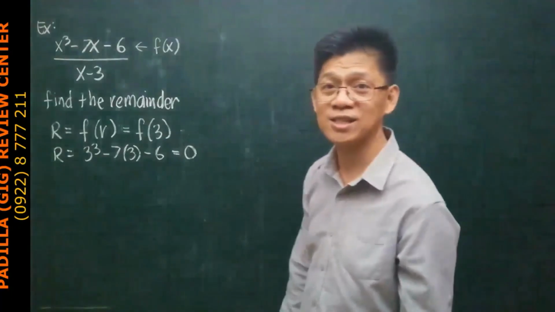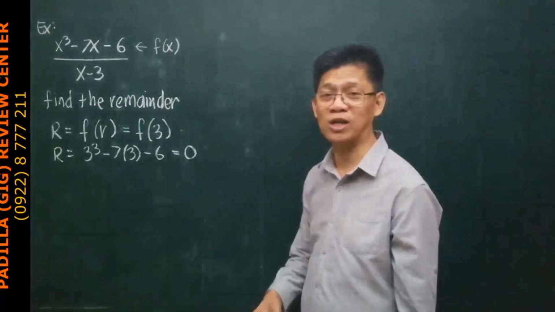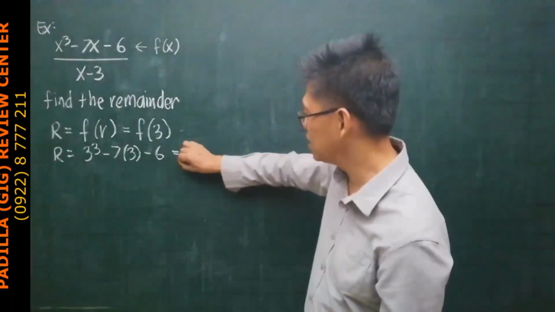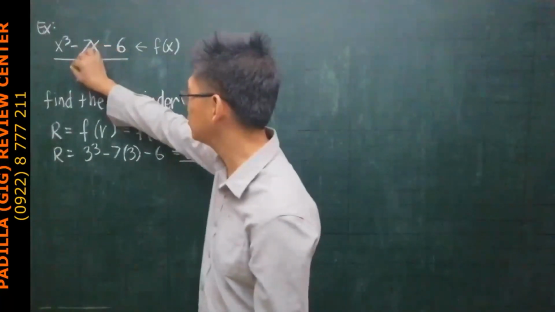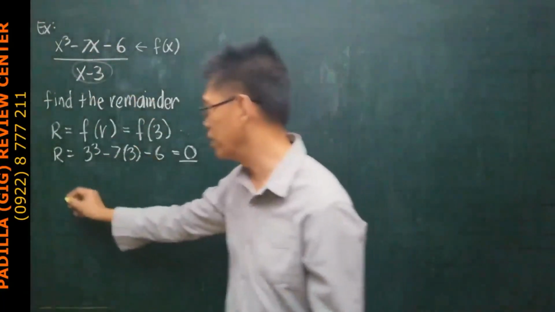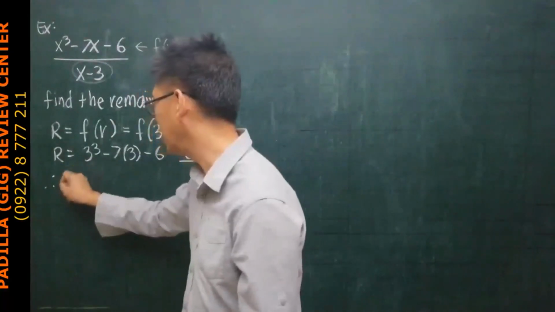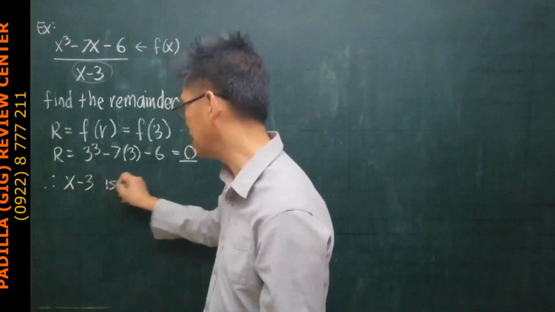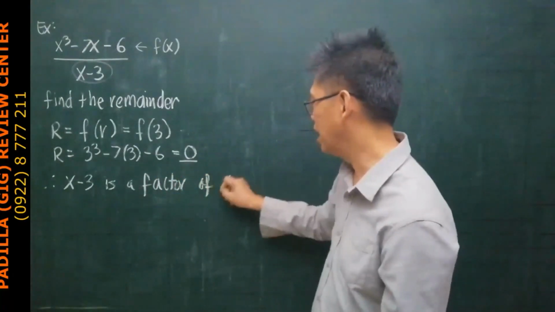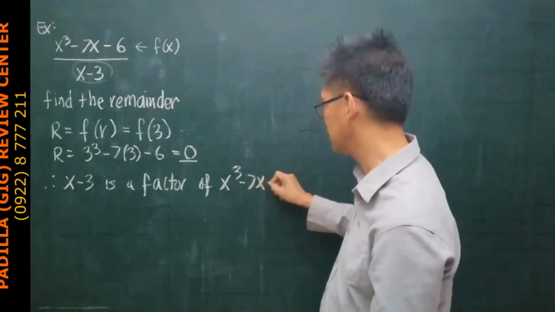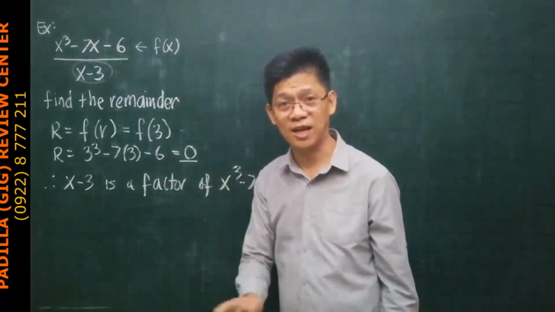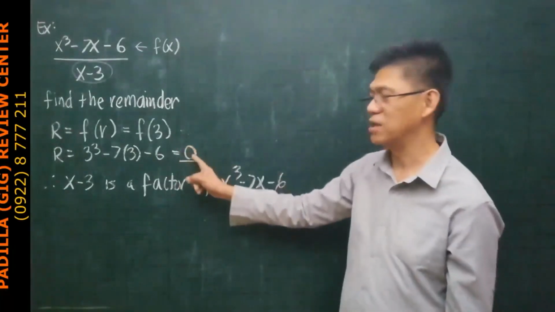Now, this leads us to another theorem of equations known as the factor theorem. If the remainder is 0, meaning x minus 3 is a factor of this. Let me repeat, therefore, x minus 3 is a factor of x cubed minus 7x minus 6. You divide this by this, the answer is exact because there is no remainder.